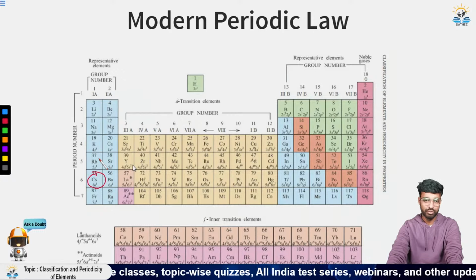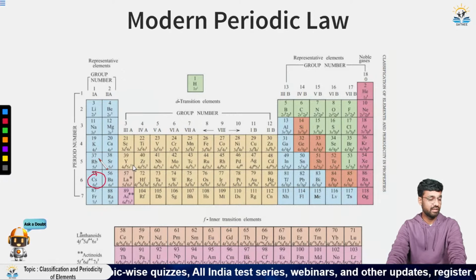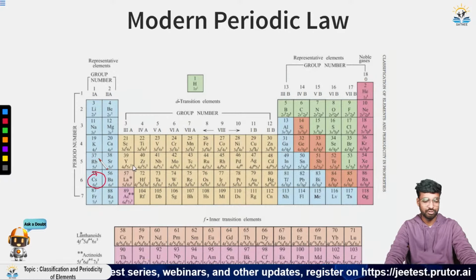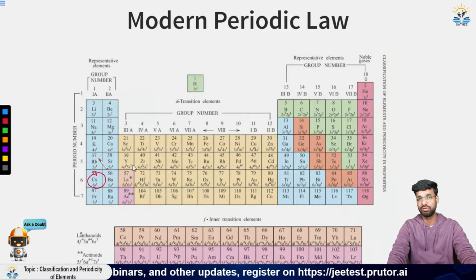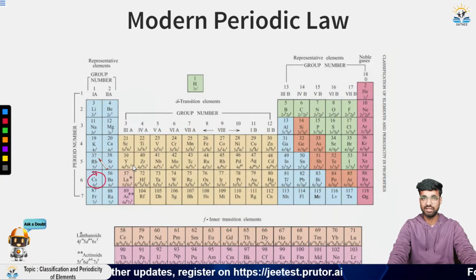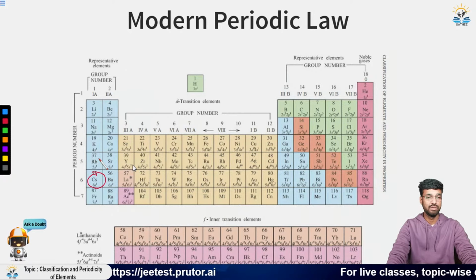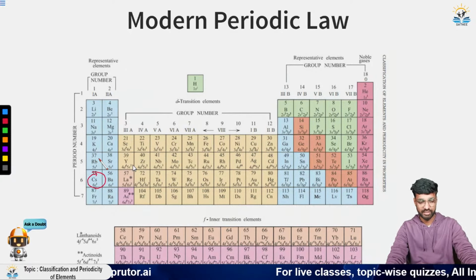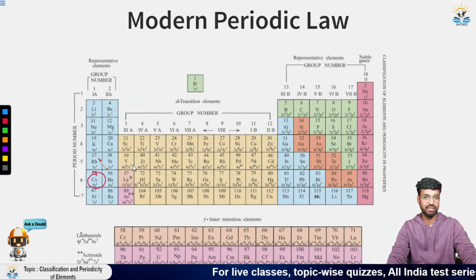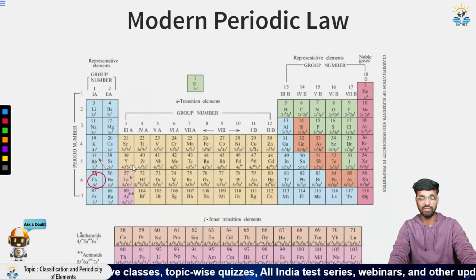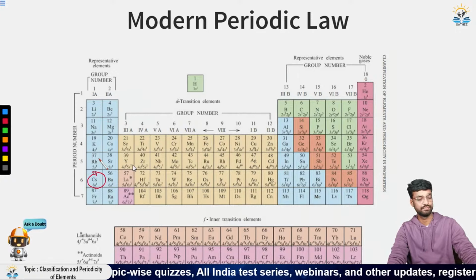Due to these two reasons, it has a smaller ionization enthalpy. So that's why it is also used for the photoelectric effect. If you have seen the atomic structure lecture, you must have seen that I used cesium as the metal because it is the most electropositive and has the least ionization enthalpy. Why? Because of the larger size, and after removing one electron, it will have the stable configuration.